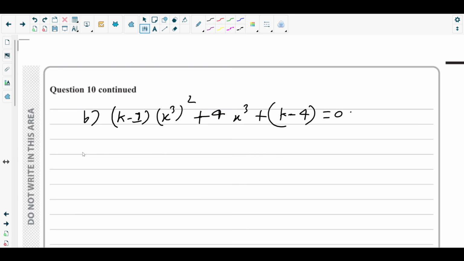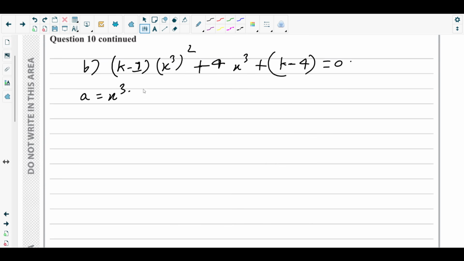So, as before, we can consider a equals x cubed. What you will get here is a quadratic equation: k minus 1 times a squared plus 4a plus k minus 4 equals 0.